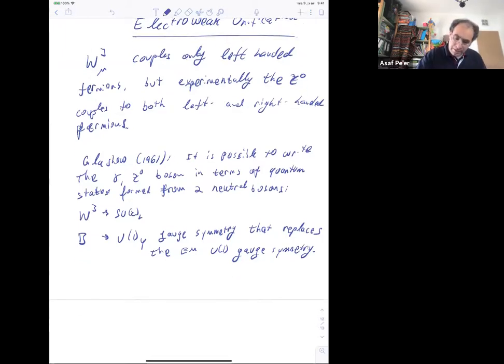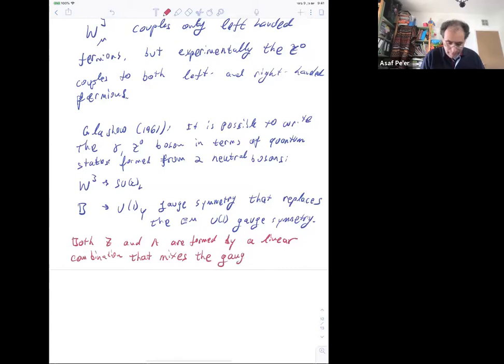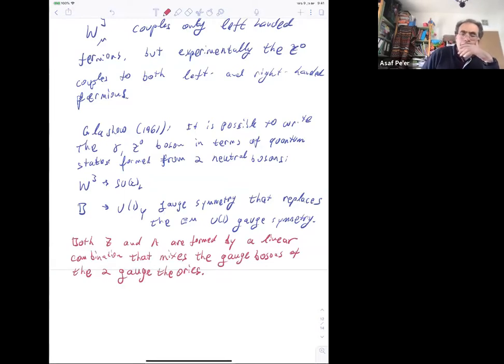And then he says that I should write down that both Z and A are formed by a linear combination that mixes the gauge bosons of the two gauge theories. Simply beautiful. That's what we look for in physics, right? One theory which merges everything.